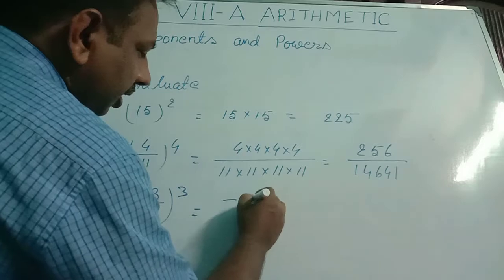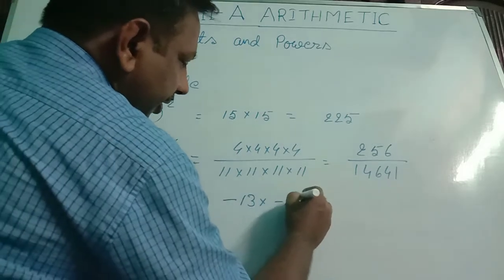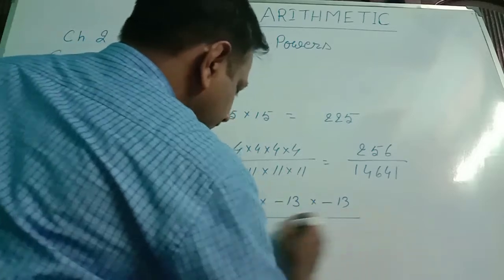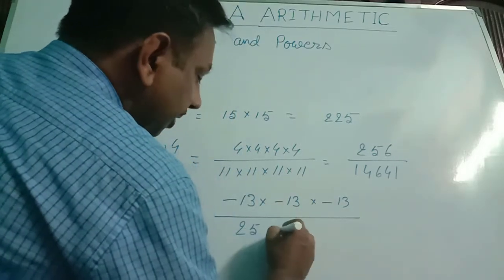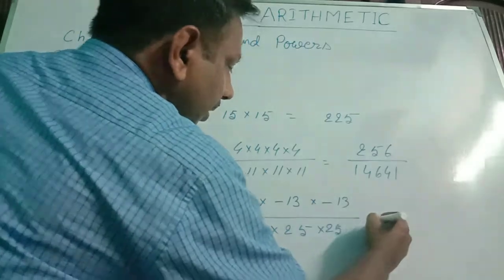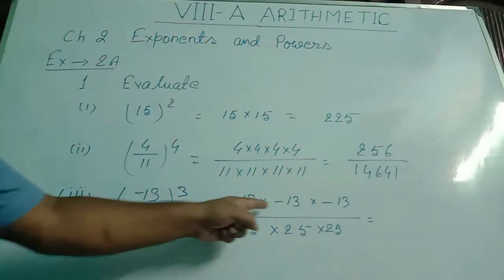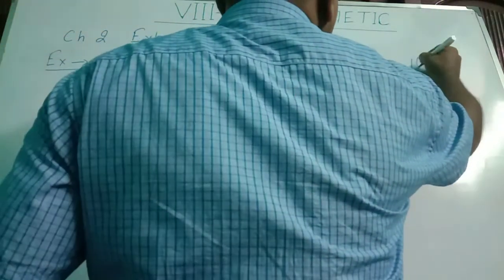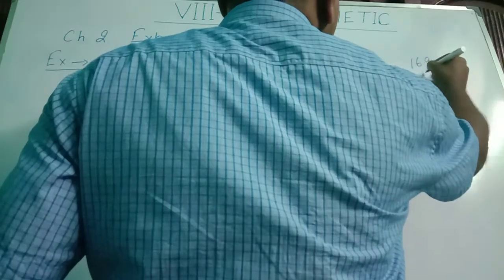This minus 13 will be multiplied 3 times and 25 will also be multiplied 3 times. We got minus minus plus minus minus. 13 13 is 169 into one more 13.